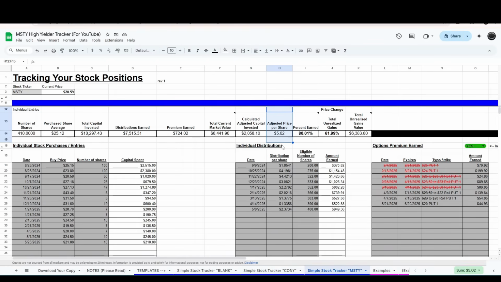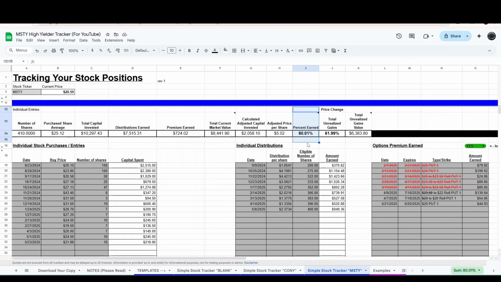That is my real value per share, right? That's my real average, not the $25.12 over here. It's actually $5.02. So therefore, I have earned back a total of 80% of my capital.